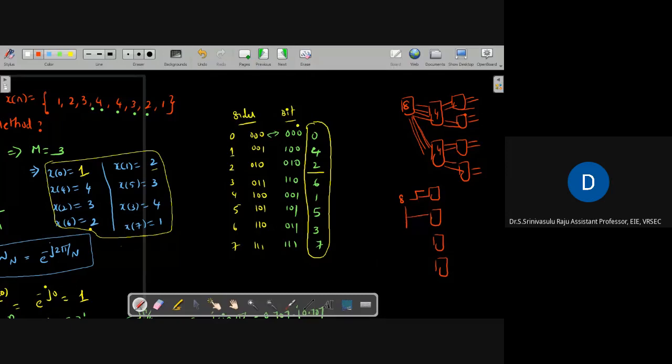Among these 2 points, one will be even and the other will be odd: even, odd, even, odd, even, odd. Why are we representing odd?